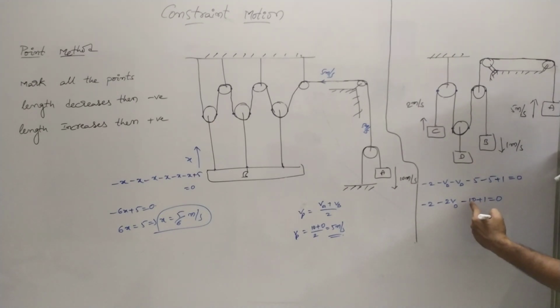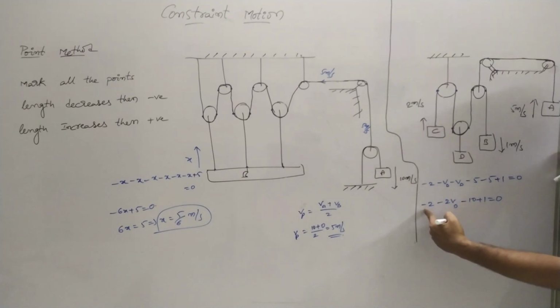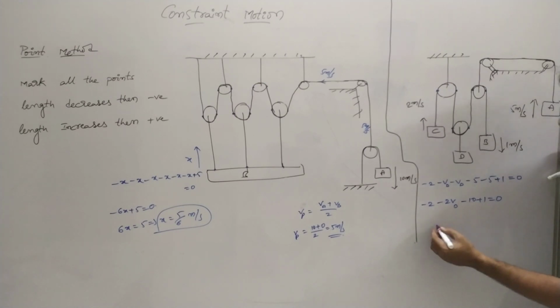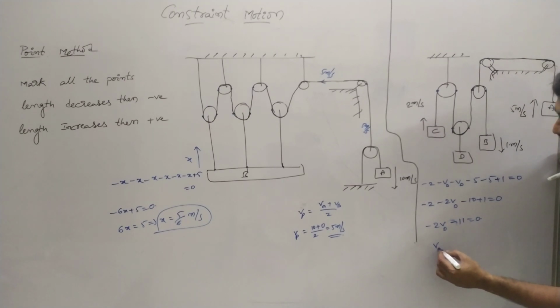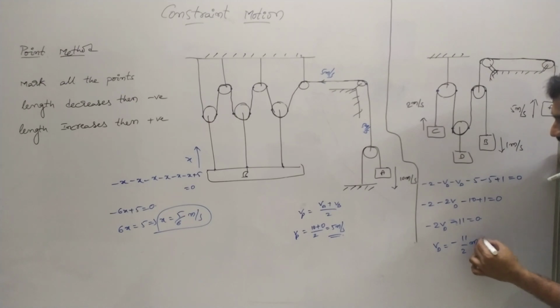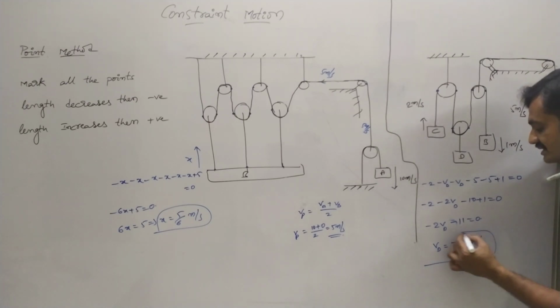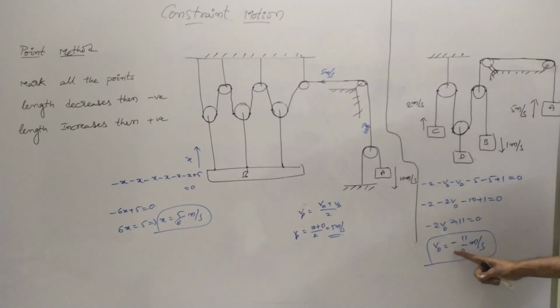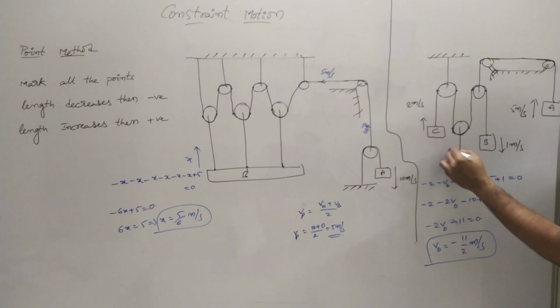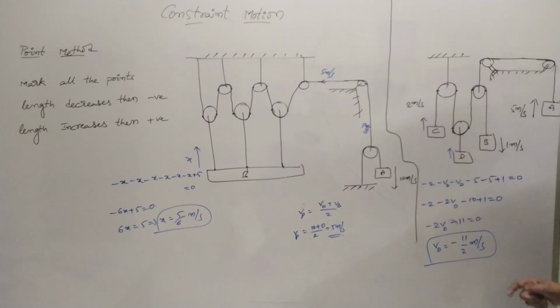So minus 10 minus 2 is minus 12, plus 1 is minus 11, so minus 2 V suffix D minus 11 equals 0, whereas V suffix D equals minus 11 by 2 meter per second. This represents the velocity of the block D. As the velocity of the block D is negative, based on that we can say that the block moves in the upward direction. Take a screenshot, we will continue.